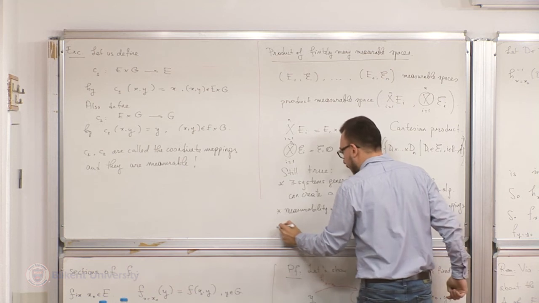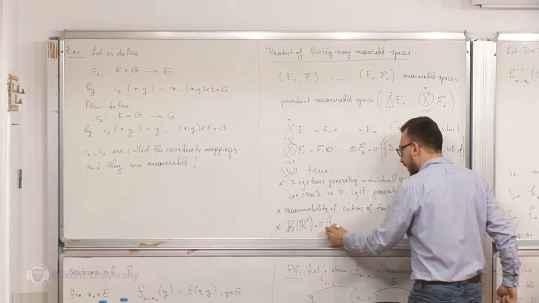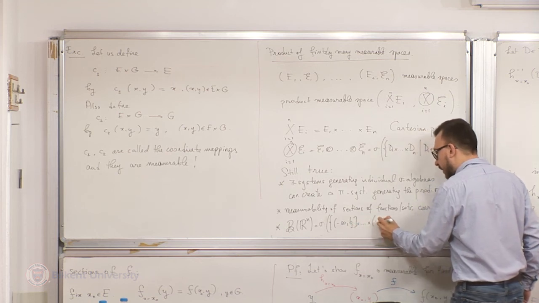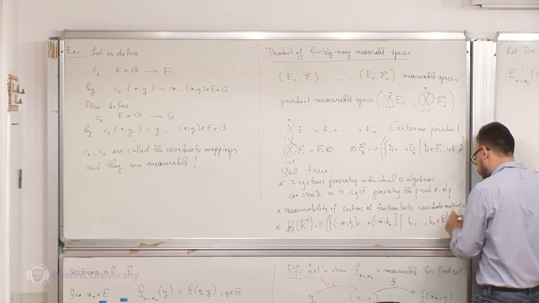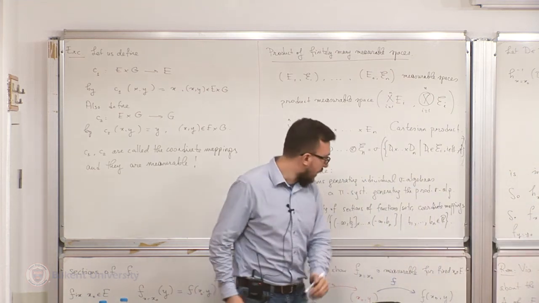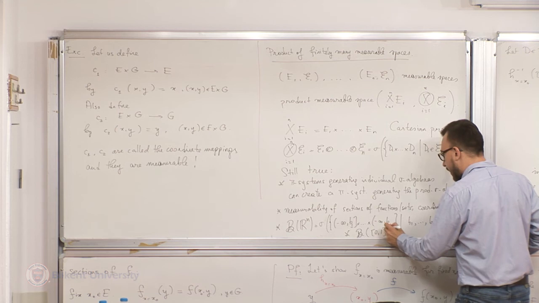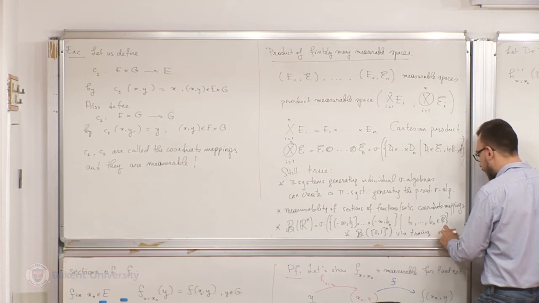And of course, you can have a Borel sigma algebra on Rn, which is generated by rectangles of the form minus infinity to b1 cross through minus infinity to bn, where b1 to bn are reals. That's the Borel sigma algebra on Rn. Etc., etc. So you can do tracing. You can also talk about the Borel sigma algebra on a hypercube via tracing.